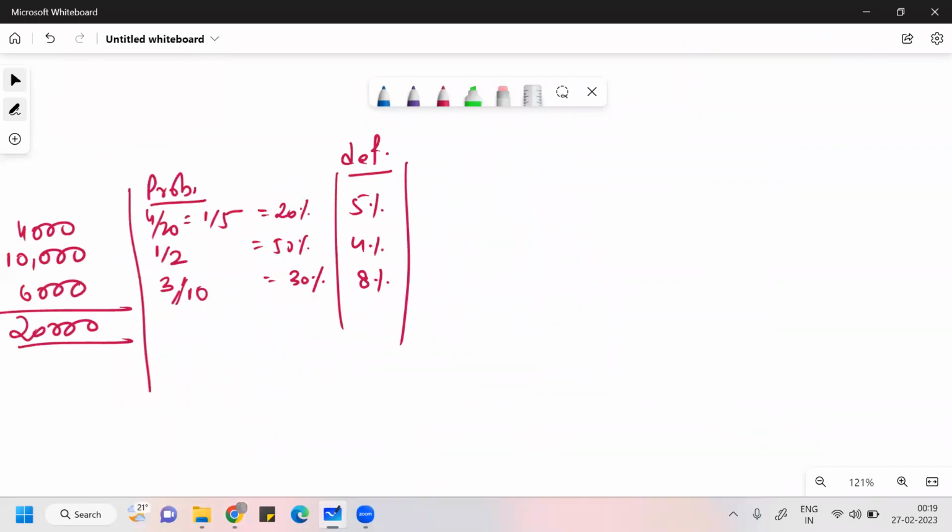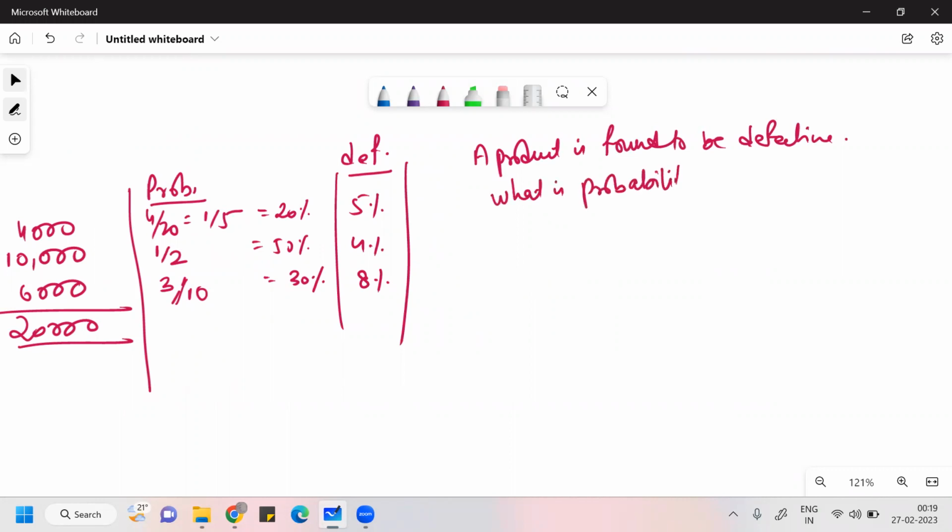A product is found to be defective. So they're asking you, what is the probability that it is not from machine M3?